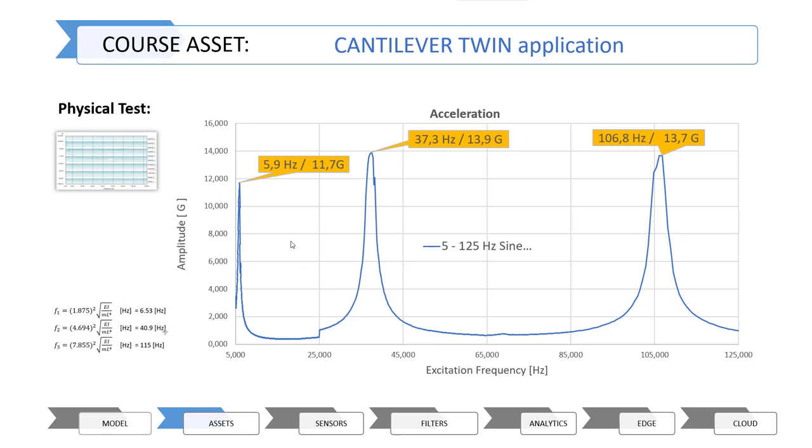After this test, I plotted the accelerations from the accelerometer located at the end of the cantilever beam. And as you can see, I got resonance at 5.9, 37.3 and 106.8 Hz. If you compare those resonance frequencies with the analytically calculated eigenfrequencies, you can tell that the match is quite good, but in general the resonance frequencies are a bit lower than the calculated eigenfrequencies.